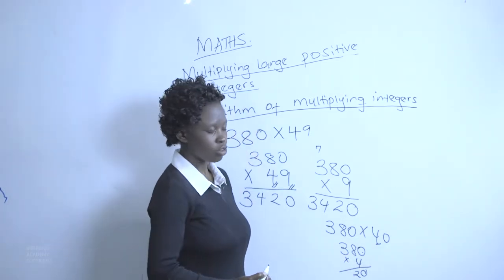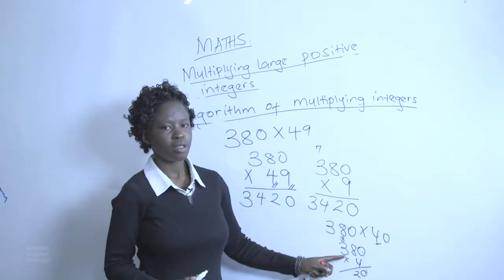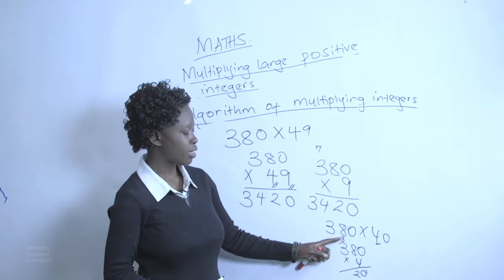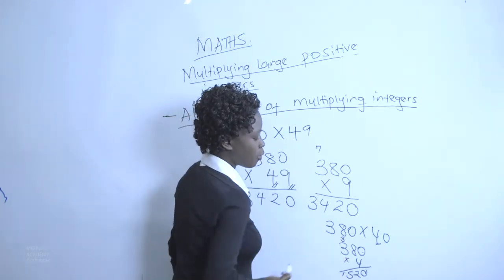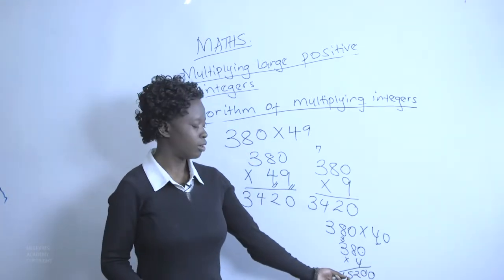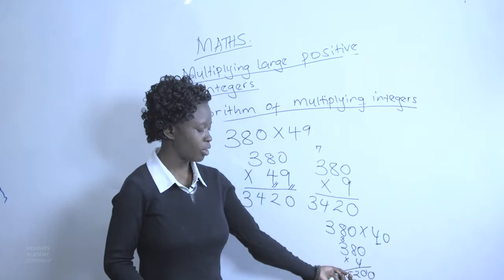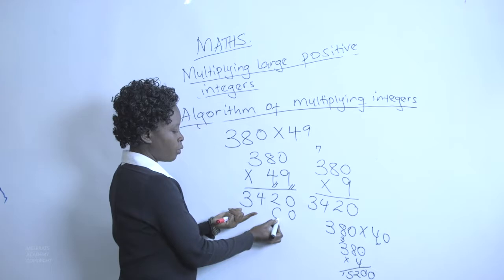So we write 2, carry 3. 4 times 3 is 12. 12 plus 3, we are getting 15. Then remember we had 40, so we add on the 0. Then we transfer the digits we've obtained here into our calculation. So I'll have 0.